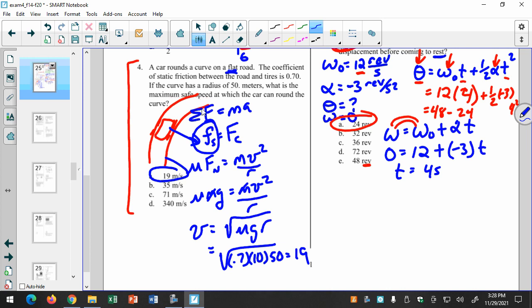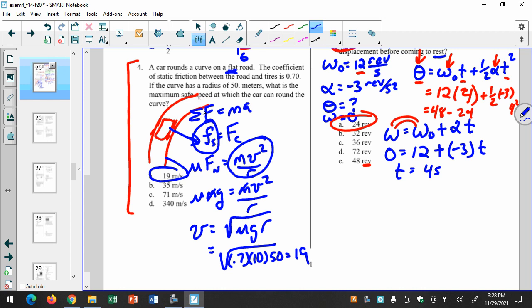I set it equal to the mass times the acceleration, which is this step right here. So I'm not really doing anything different from saying the sum of the forces equals ma. There's only one force, the static frictional force, and that frictional force acts as the centripetal force.